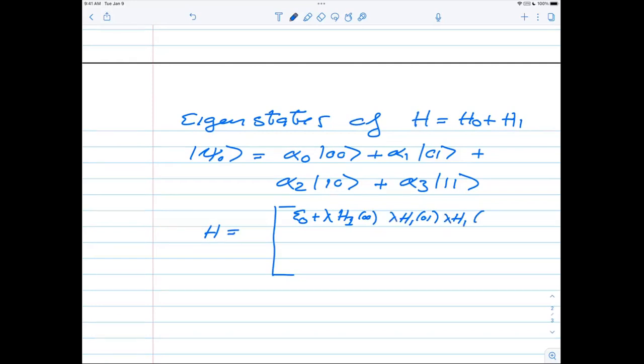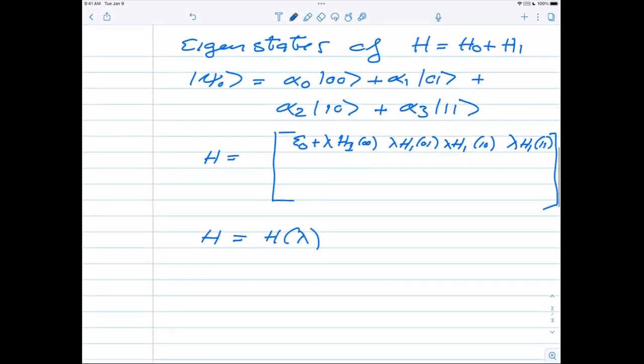And then we have a 1, 0, and then the final element is an H1 multiplied with a strength, lambda. And we are going to define quickly now what this strength lambda is. So what I'm writing out now is a Hamiltonian as a function of a parameter lambda, where this lambda takes values between 0 and 1.